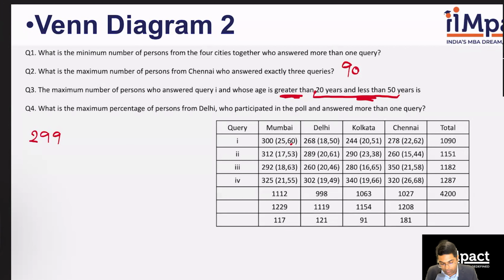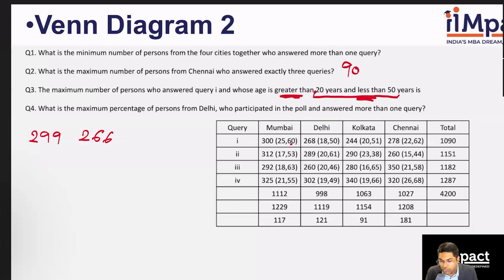Okay. Next, Delhi. In Delhi, I have 18 and 50. 50 is given on purpose so that you get trapped. And you don't have to get trapped because you are careful and you don't assume greater than equal to or less than equal to. Right? So I will remove two people from Delhi, one for 18, one for 50. And I will get 266. Right?